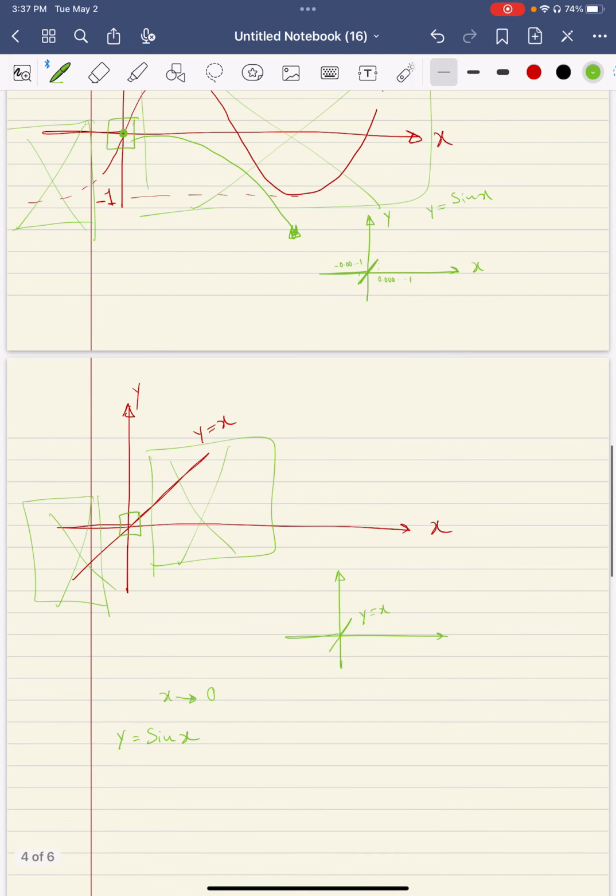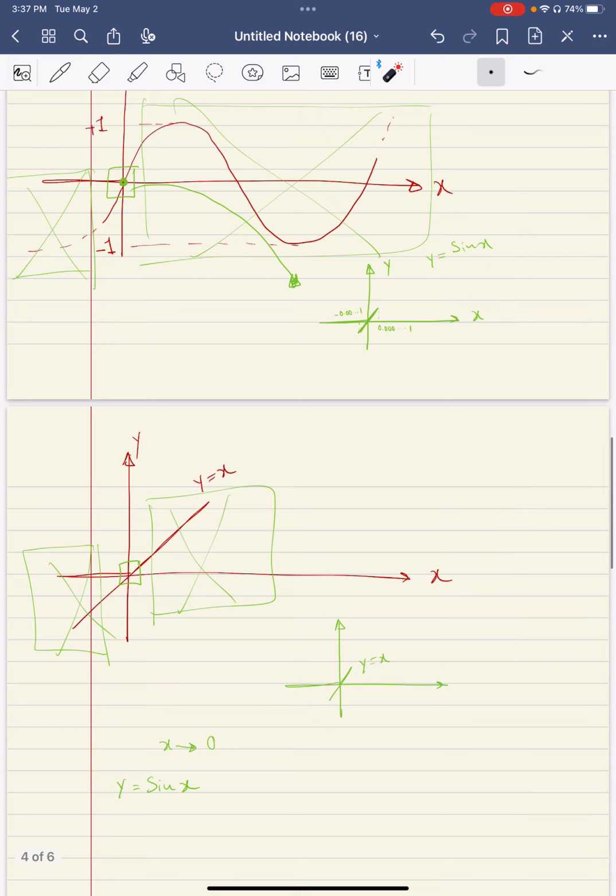So again, this was a line, right? When you zoom in very closely and you look at points very close to 0, you will only see a line. You would not see something like this anymore.